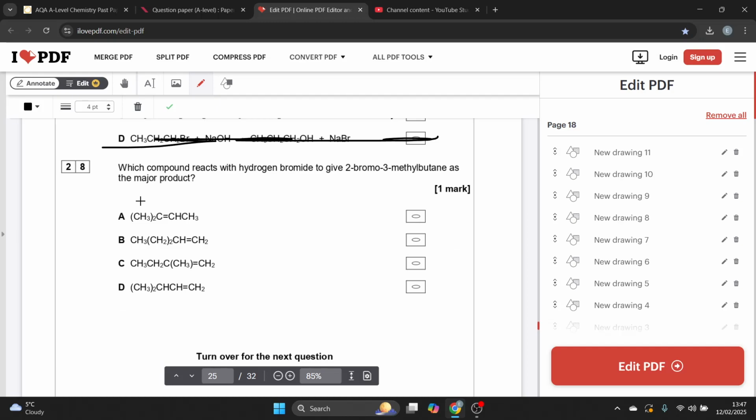Question 28. Which compound reacts with hydrogen bromide to give 2-bromo-3-methylbutane as the major product? So 2-bromo-3-methylbutane as the major product. Well, where the double bond is, that's where I'm going to have my Br and the hydrogen, right? So, first one, 2-bromo, yeah, but I'm not going to have 3-methylbutane.